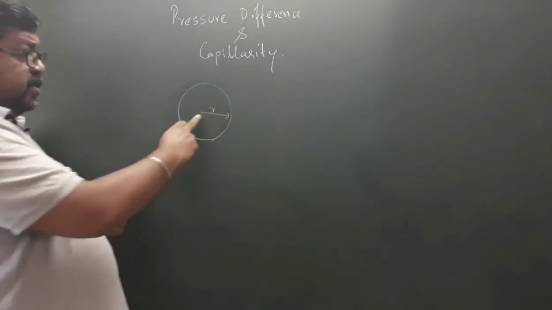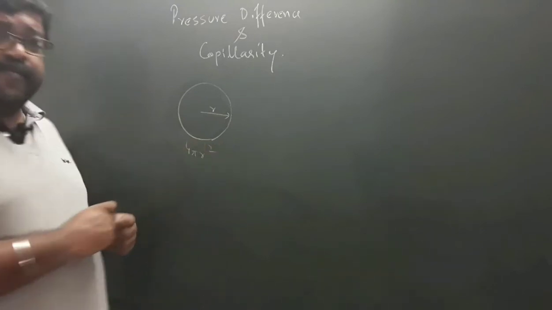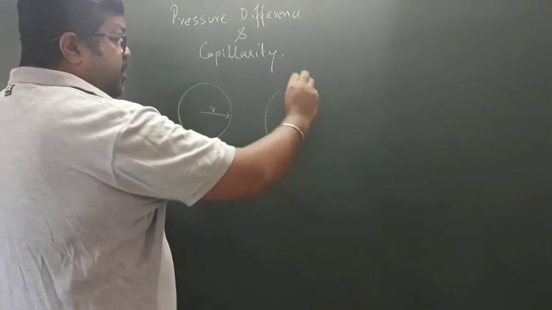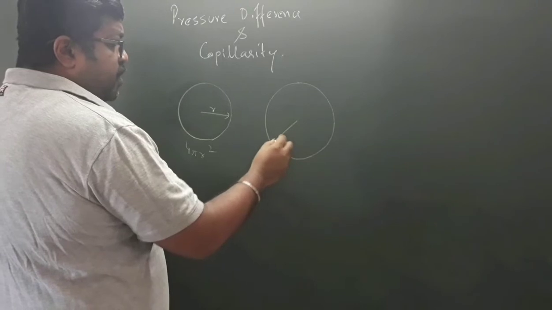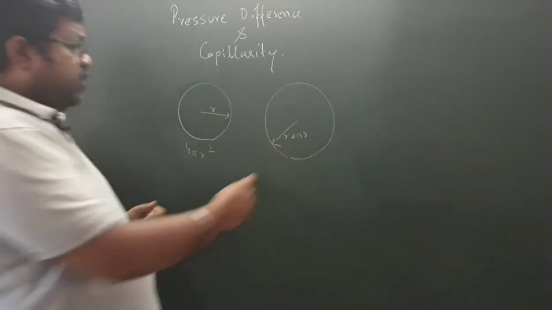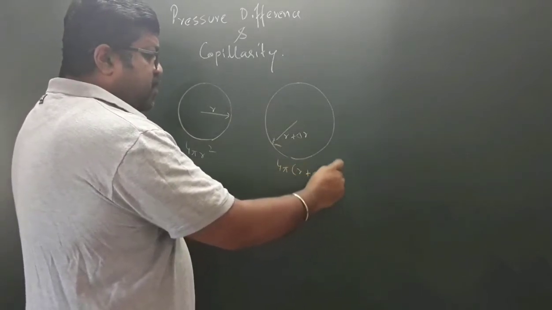Its surface area is 4 pi r square. Now if the radius is increased to r plus delta r, the surface area will be 4 pi (r plus delta r) square.